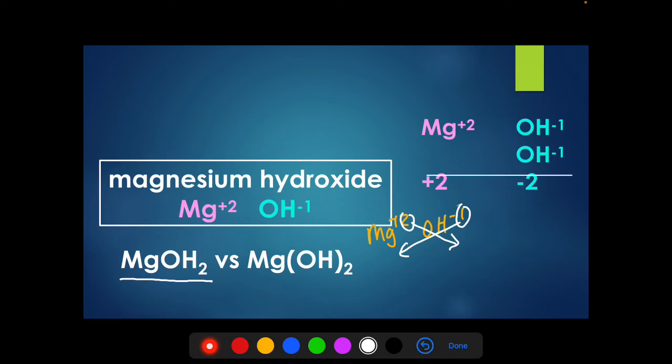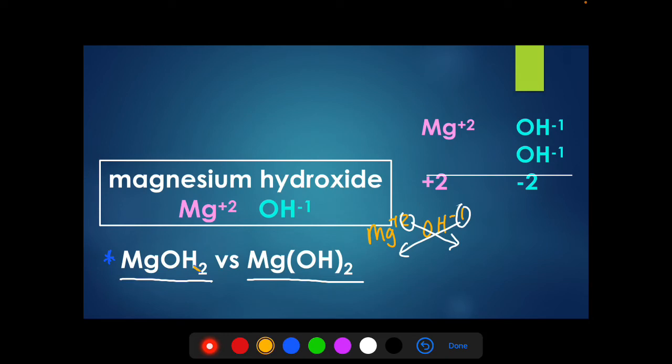But what's the difference of MgOH2 and Mg parentheses OH parentheses 2? Remember that your polyatomic ions, it's a group, it's a bundle, and so the OH stays together. If we wrote this first way, we would be saying O with just 2 H's, right? The 2 would go with just the H.